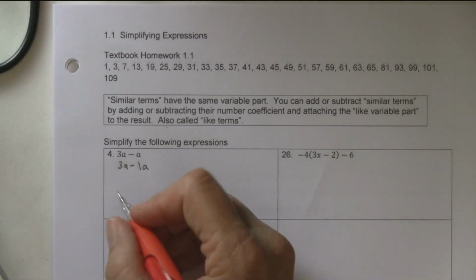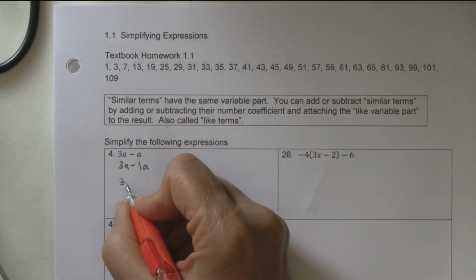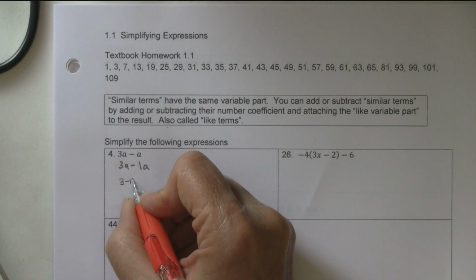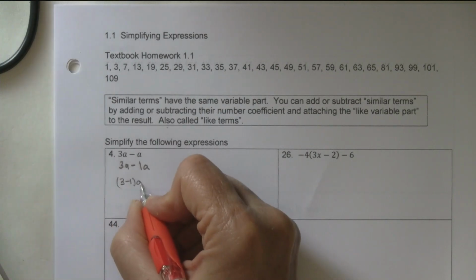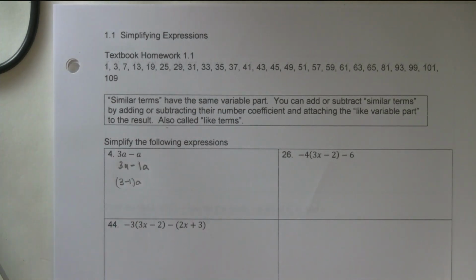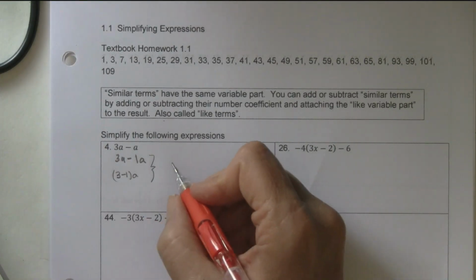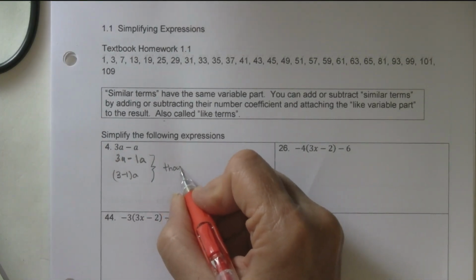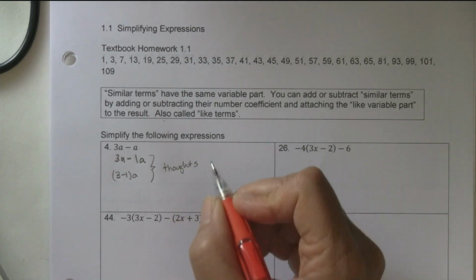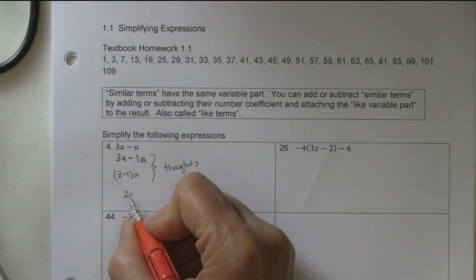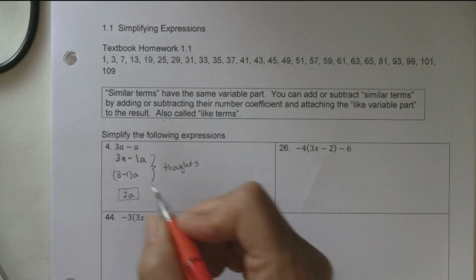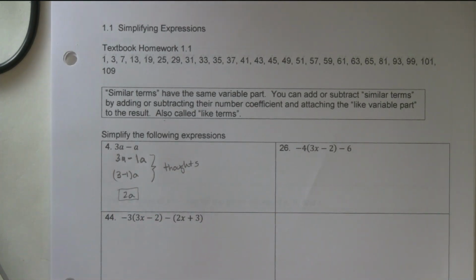And then what you're thinking is, 3 take away 1a. All of this is in your thoughts. You don't have to write this. And so that's 2a, and that's our answer. And then we're done, and we can go on to the next one.